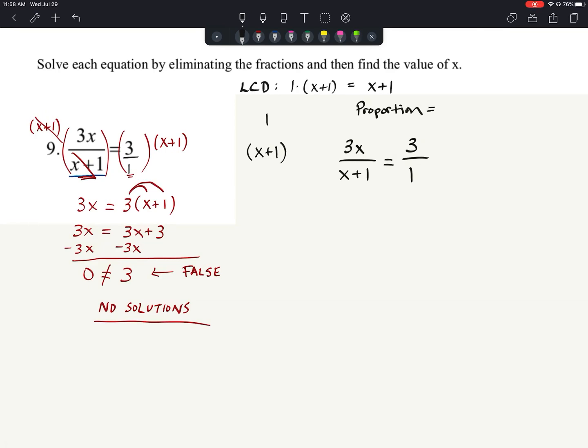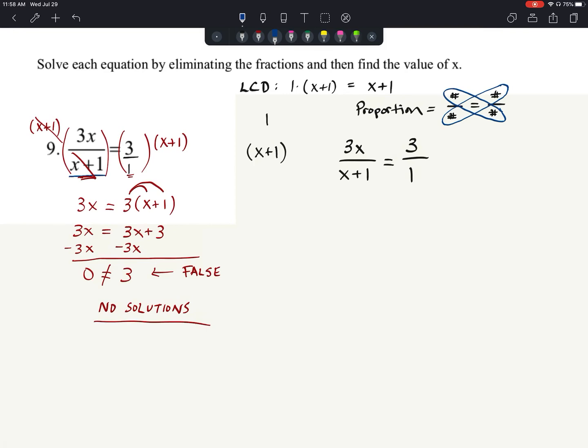Remember, that's when you have some fraction that is equal to some other fraction, right? And you know then that proportions have that property where if you multiply the denominator of one by the numerator of the other, they should equal each other there, right?